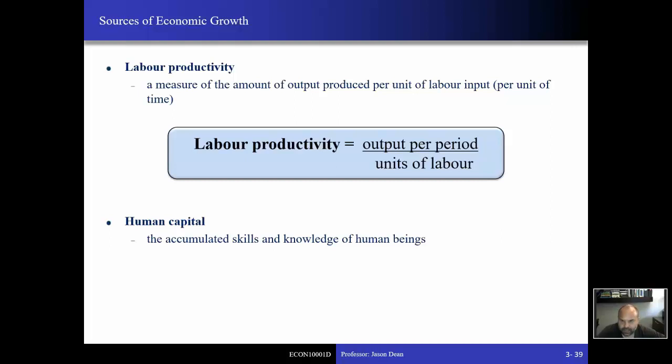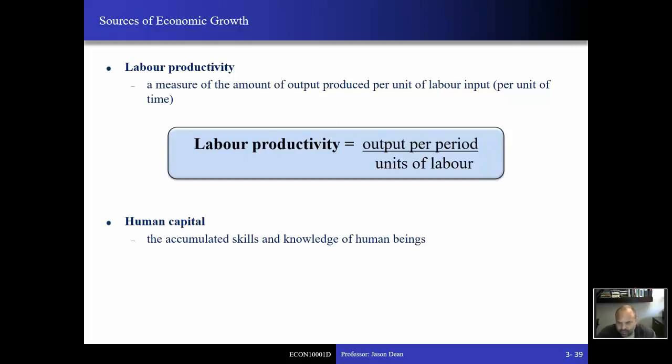And of course, human capital is related. I should also point out that the number of people in the economy too will enable you to produce more goods and services. But if we're thinking of real GDP per capita or the standard of living, just having an increase in the number of people doesn't guarantee that the standard of living is going to increase.